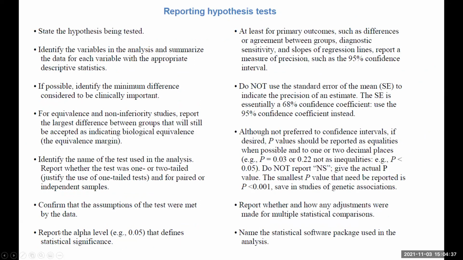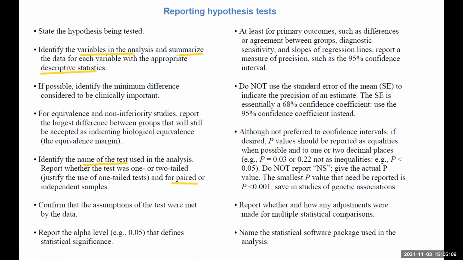And then for reporting statistical tests, as I've discussed previously, you should identify your variables and do the basic descriptive summary, descriptive statistics. You should identify the test used, and for paired tests, before-after studies, you need to do the repeated measures ANOVA.